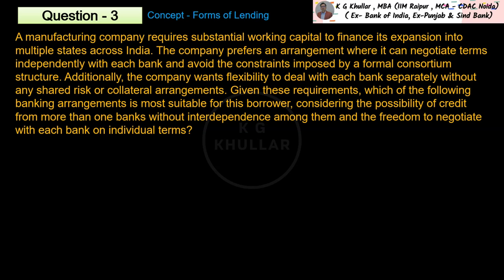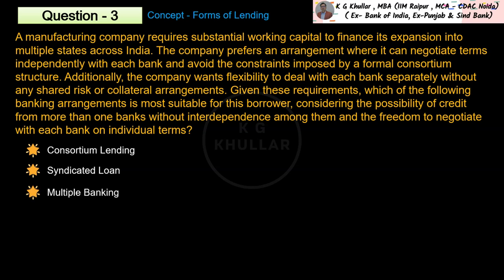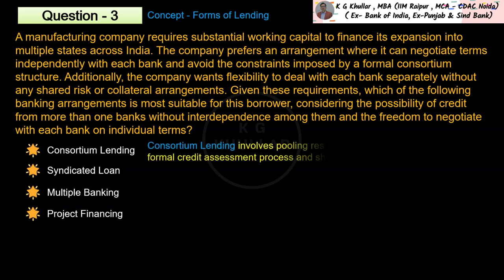And the options given are these. That is, first one is consortium lending, then second one is syndicated loan, then third one is multiple banking, and last option D is project financing. Now friends, to answer this question, you must be aware of all these terms. So first, consortium lending involves pooling resources from multiple banks with a formal credit assessment process and shared risk.